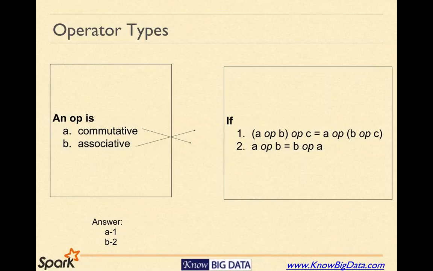While associative is A operator B, first you operate on A and B, then you operate the result with C, and this should be equal to operating on B and C first and then operating with A.